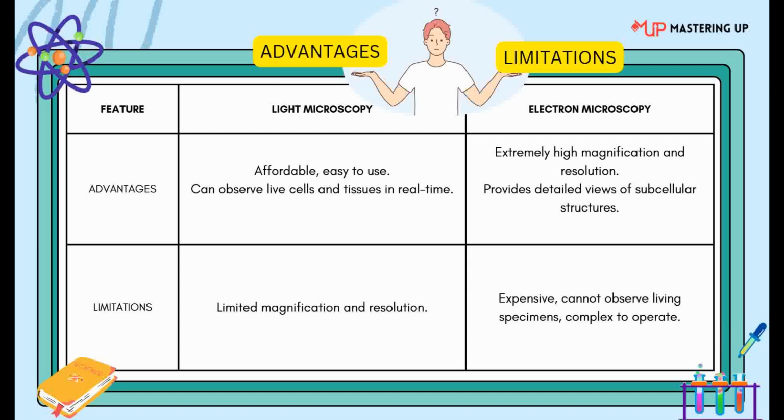It's expensive and requires special training to use, and the samples need to undergo a lot of preparation. Also, electron microscopes can't be used for living samples because the process can damage them. So, light microscopes are useful for looking at living things, while electron microscopes give us incredible detail but can't look at a live sample.